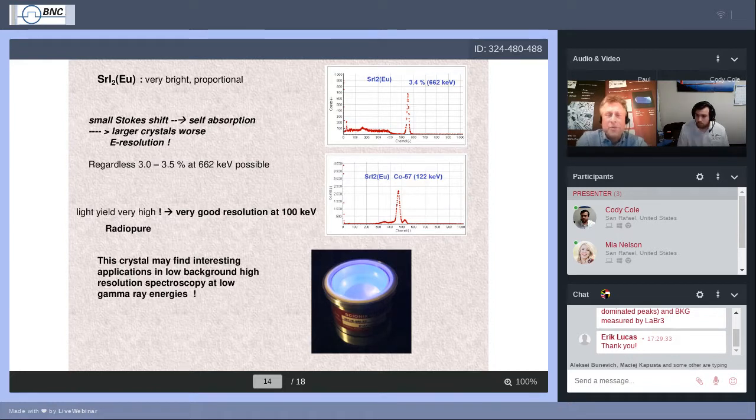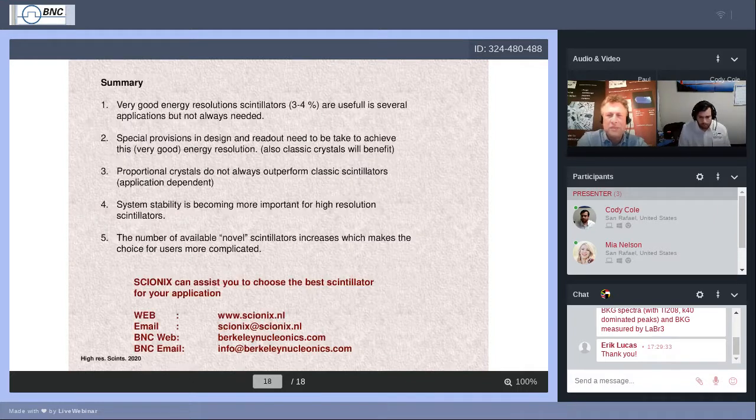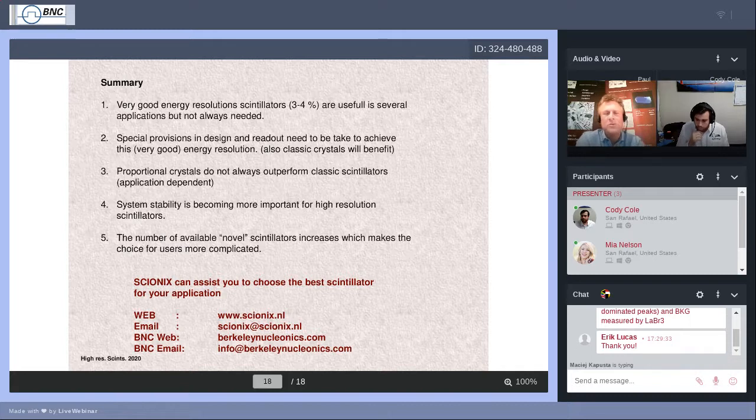Well, the lanthanum bromide spectrum, of course, has an intrinsic background due to the lanthanum-138 presence, which is the same in LBC. But if he sends us an email, we can send him some spectra of the background we measured with cerium bromide or with the lanthanum compounds. It's also in some of our data sheets. I suggest to send an email and we can reply to that. Yes, definitely get in contact with Scionix, Alexander, and we are more than happy to follow up directly.